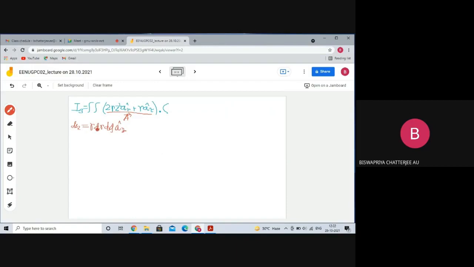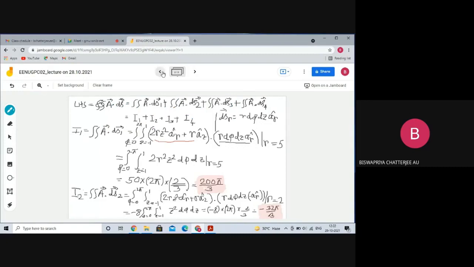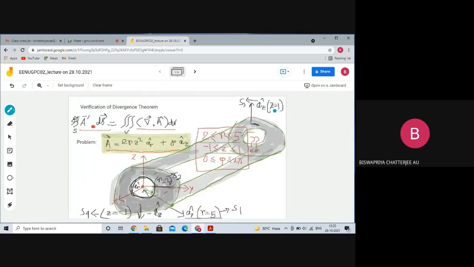So let us write it down. dS3 will be r dr d phi az cap, and it will be evaluated at z equal to 1, because for dS3 we have considered z equal to 1.